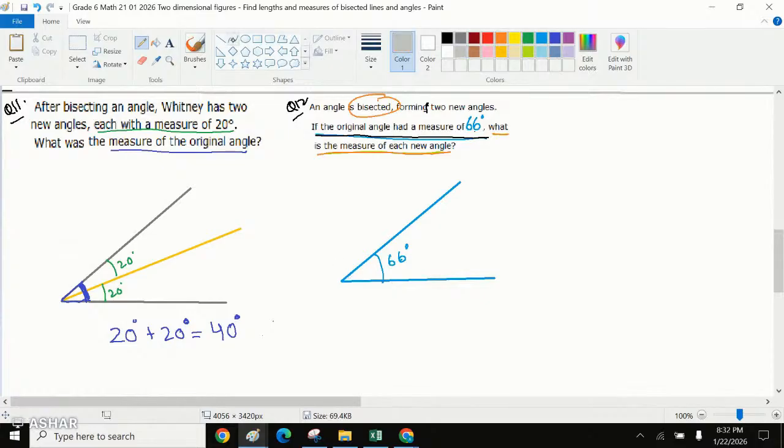Whenever we bisect a line or an angle, it goes into half. That means if the total was 66, 66 divided by 2 would be?